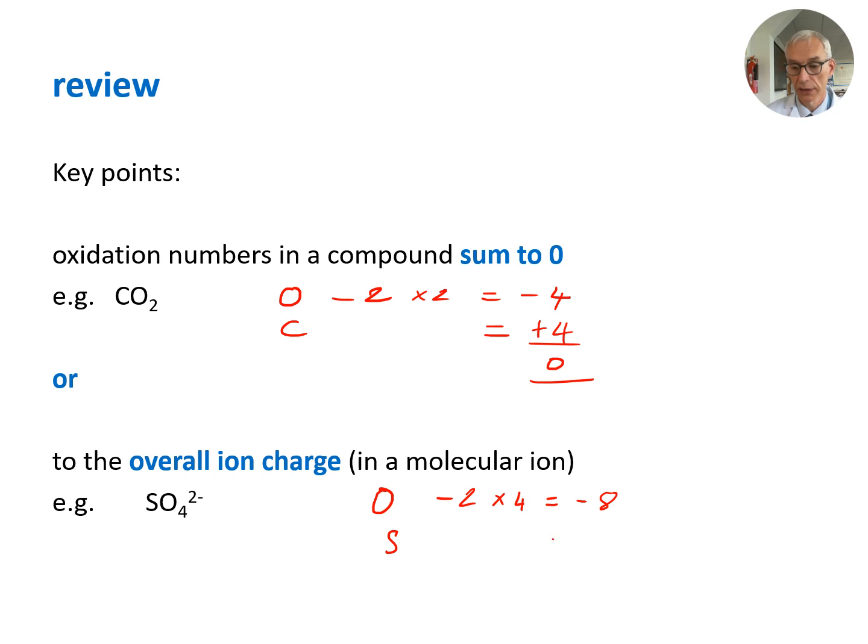Sulfur is +6 on this occasion, and that sums to 2- or -2. So here the oxidation numbers sum to -2, which means, if you remember rule number 1, ion charge and oxidation number are the same. So the charge is 2-, the oxidation number is -2.